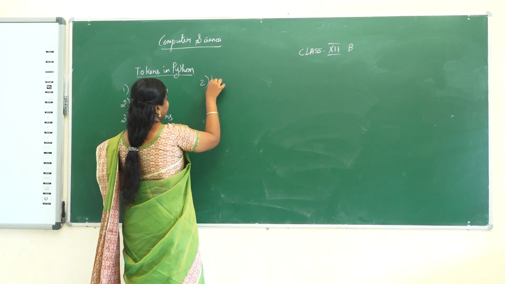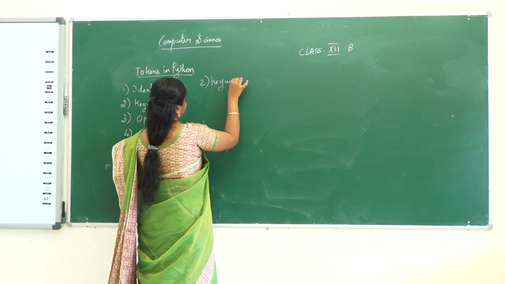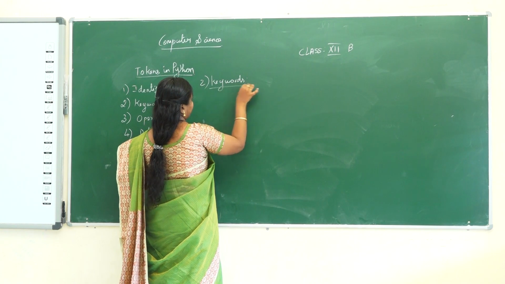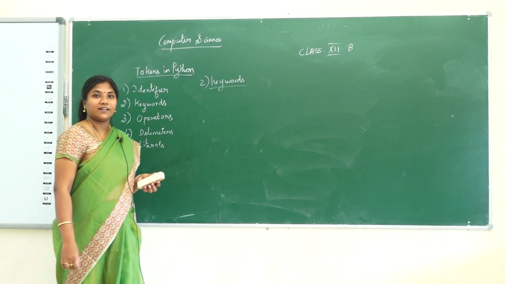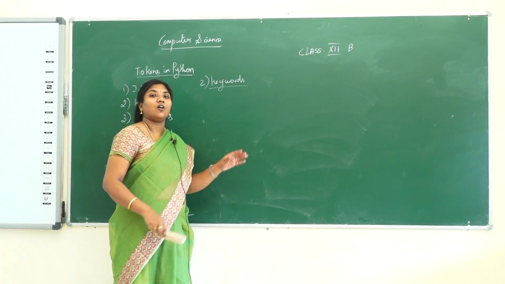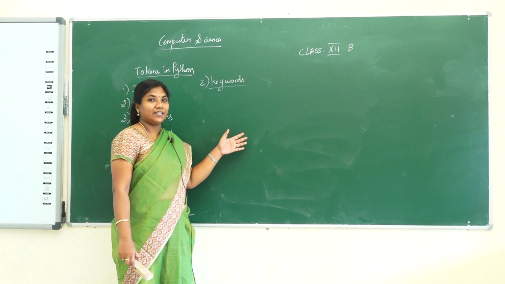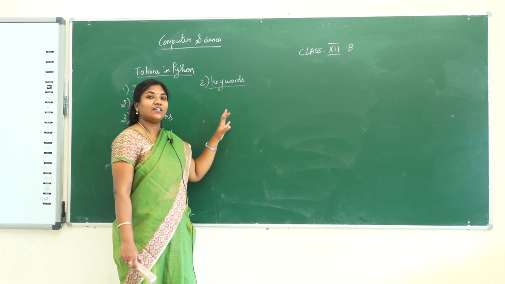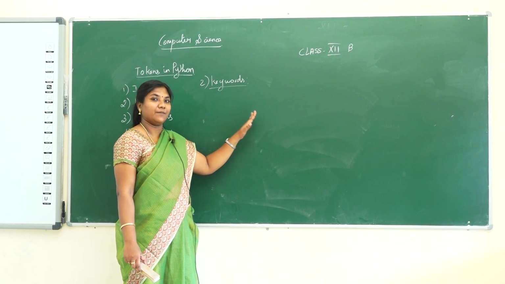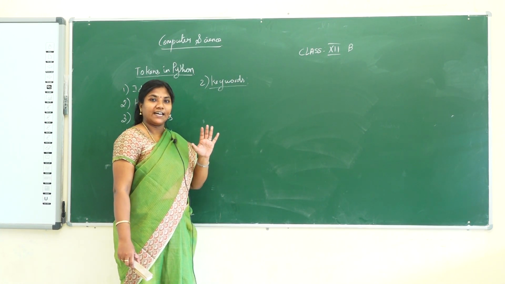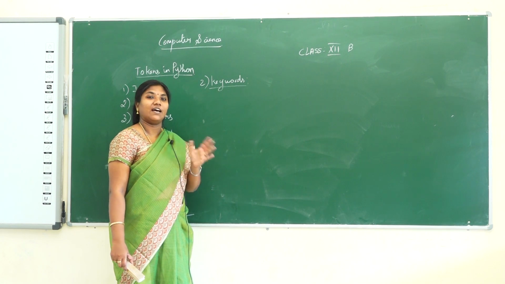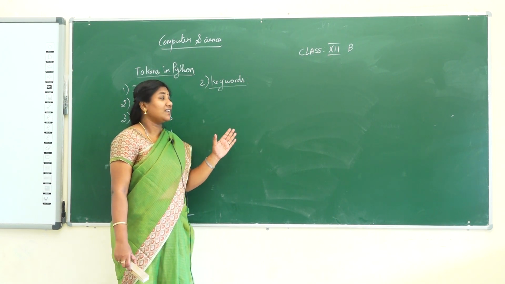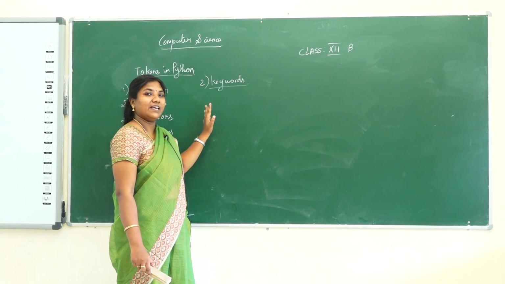So the second one, keywords. What are keywords? These words are already built into the Python interpreter. The keywords are prescribed for a particular purpose, so they can be used for that purpose only, and we cannot use them for any other purpose. There are many keywords in Python.